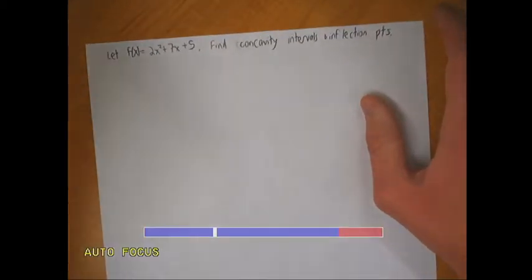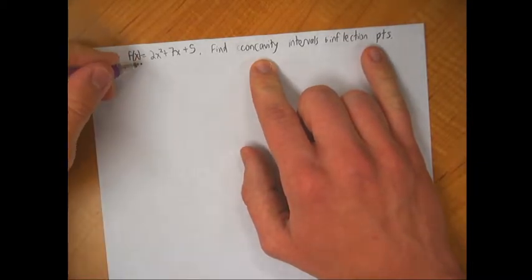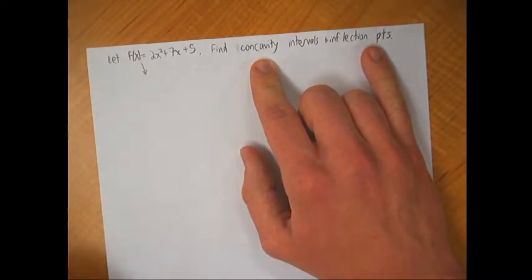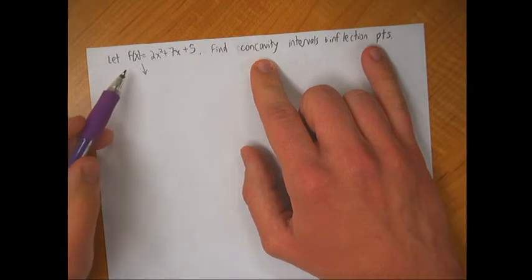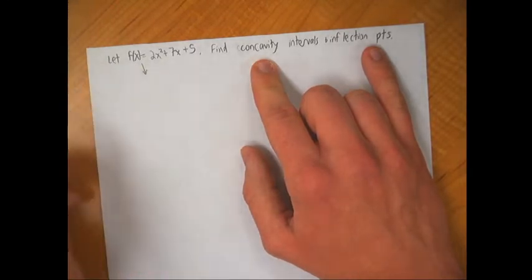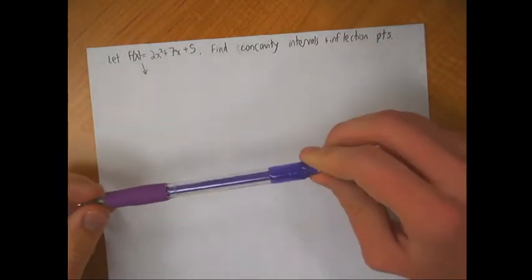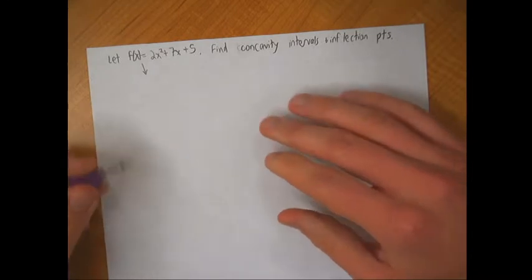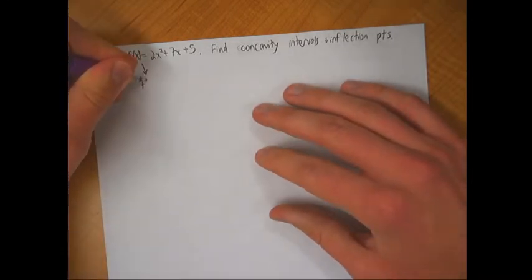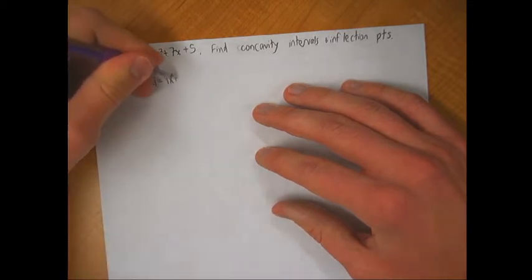Okay, so basically what happens with this is that if you want to find the concavity intervals and inflection points, well, we got to find the second derivative of this thing. So if you take the second derivative, what should you end up with? Okay, maybe let's take a step back. What's the first derivative? 4x plus 7. 4x plus 7, good.